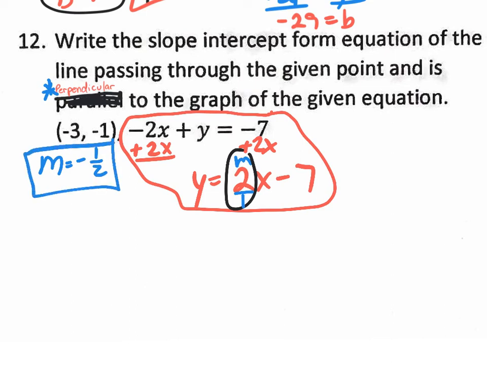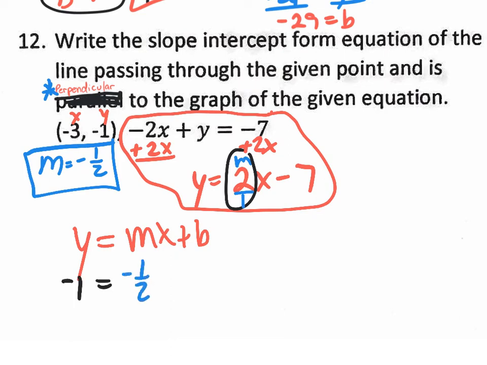Now after that, you have your slope and you have a coordinate x, y. So you could plug it all into y equals mx plus b again. Your y value is negative 1 equals the m value is negative half times x. x is negative 3 plus b.